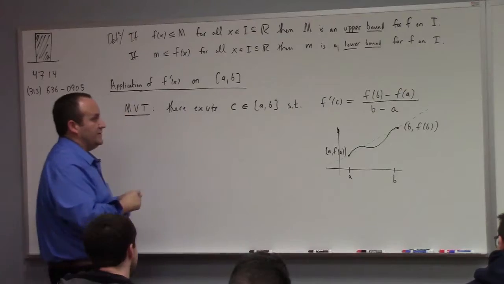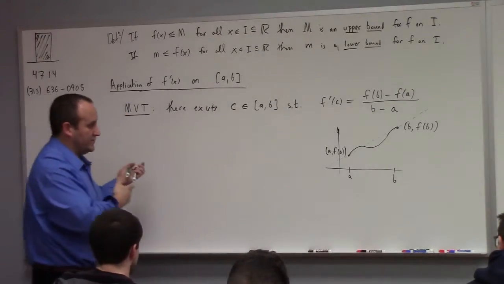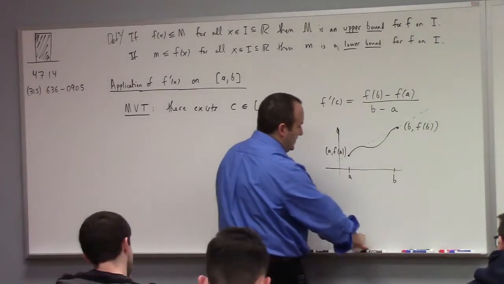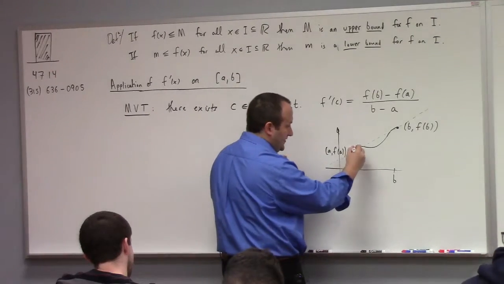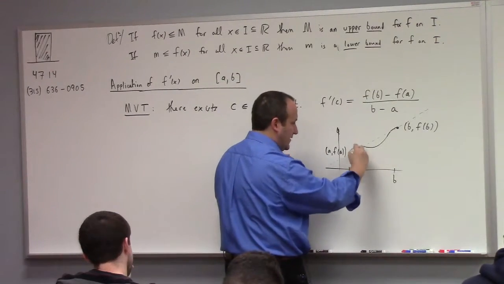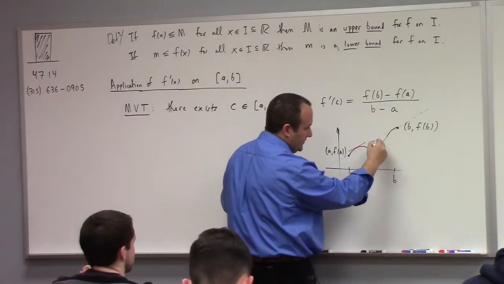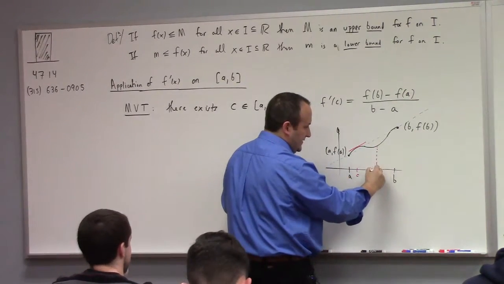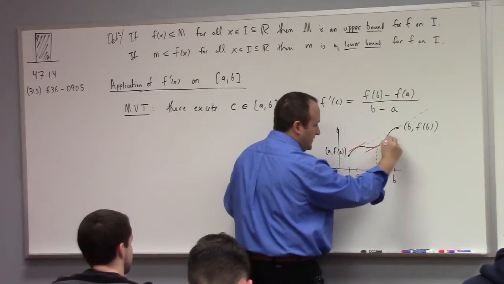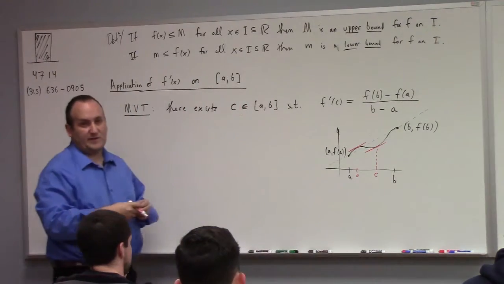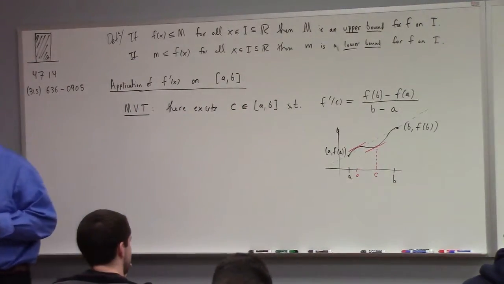And the mean value theorem says that there exists at least one point c. In this one, you can see a couple different ones, right? Like one choice for c is about in here somewhere, right? So the slope of the tangent line right there is about matching the secant, but there's also another point down here. So it doesn't say that there exists a unique c, but there's at least a c which matches the average rate of change. Yes, sir?